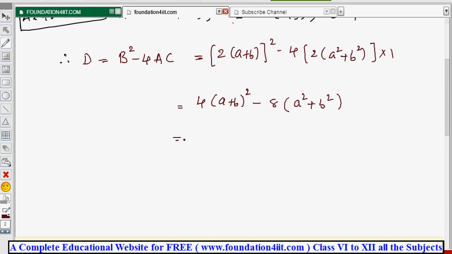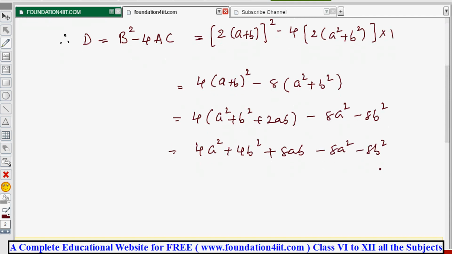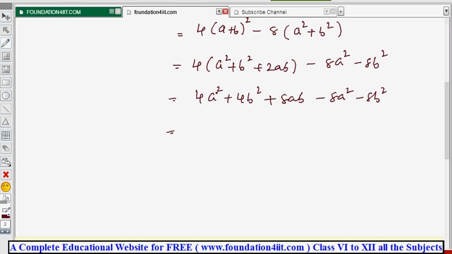Let us simplify this now with the formula (a + b)² = a² + b² + 2ab. Minus 8a² minus 8b² if you multiply with 8. 4 you multiply: 4a² + 4b² + 8ab − 8a² − 8b². Now simplifying, 4a² minus 8a² is minus 4a², and 4b² minus 8b² is minus 4b², and plus 8ab.